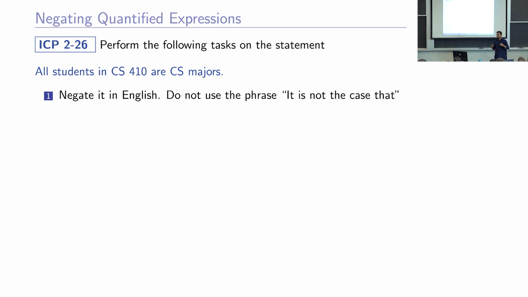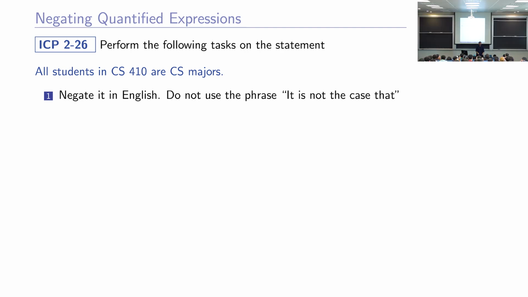So if I want to say all students in CS410 are CS majors, that's a statement. The question is, negate it in English. Now, don't use the way we derive a negation. It is not the case that all students in CS410 are CS majors. Plain, easy, simple, fewer words, English translation.